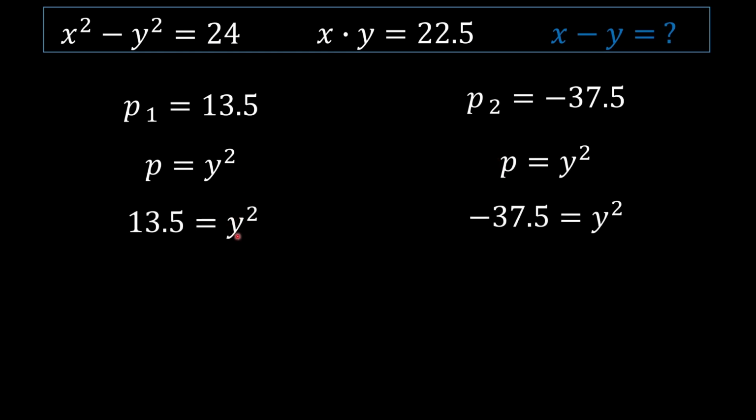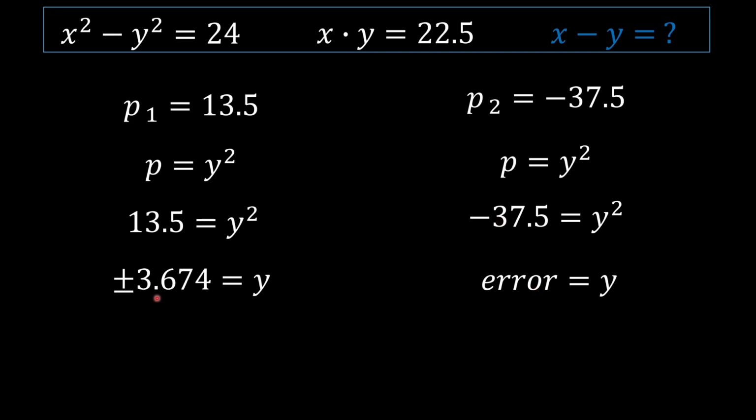So we're going to square root our p value to obtain our two y variables, because when you square root you're going to have a positive and a negative. Notice on the left hand side we're going to have plus and minus 3.674, right? And on the right hand side we can't really square root a negative, so you're going to have an error.